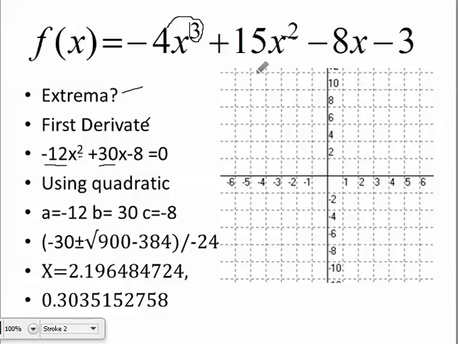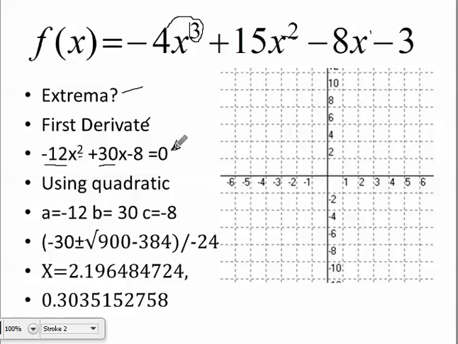Take 1 less than an exponent, x to the first. Exponent 1 times -8 gives me a -8. Take 1 less to it, and that gives me x to the 0th, or just a constant 8. And there is no variable on this one, so it drops off to 0. This is my first derivative.